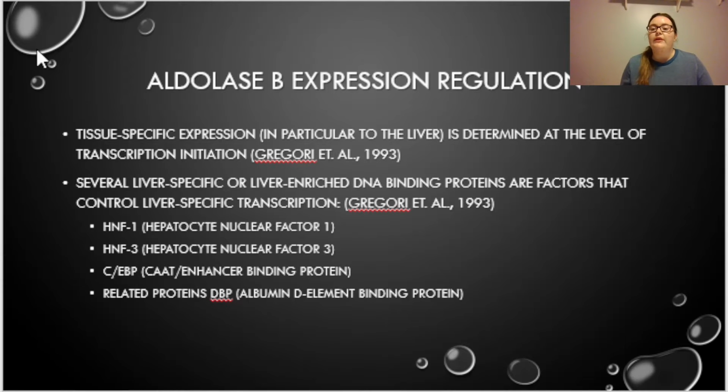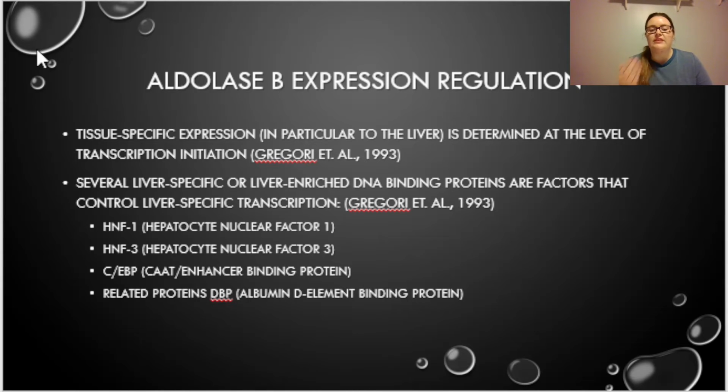So this is when we begin discussing the transcription factors and how they could regulate aldolase B expression. There are several liver-specific or liver-enriched DNA binding proteins that are factors, and they control liver-specific transcription. For example, one of them is HNF1, hepatocyte nuclear factor 1, HNF3, hepatocyte nuclear factor 3, and there's also one with a V before it, vHNF1.